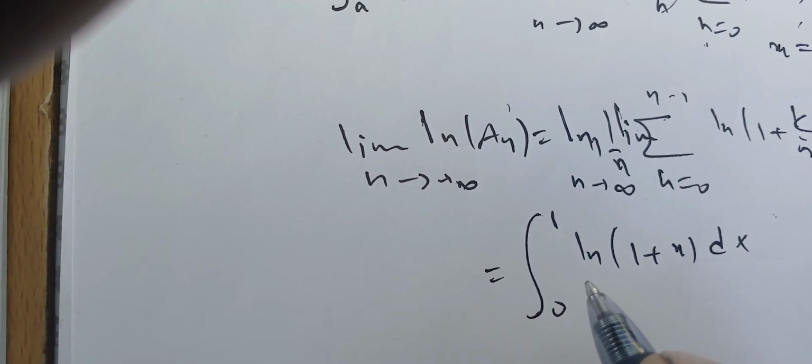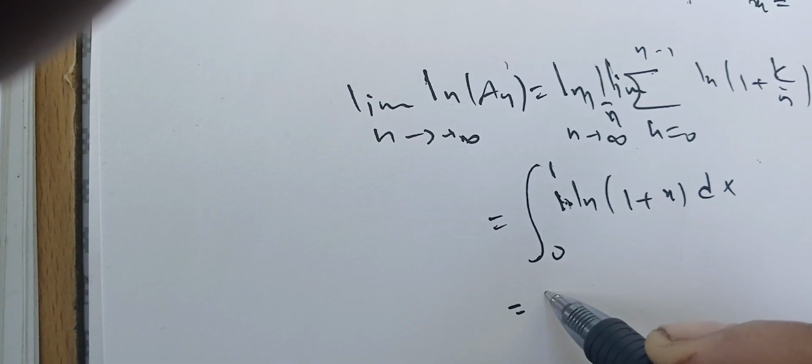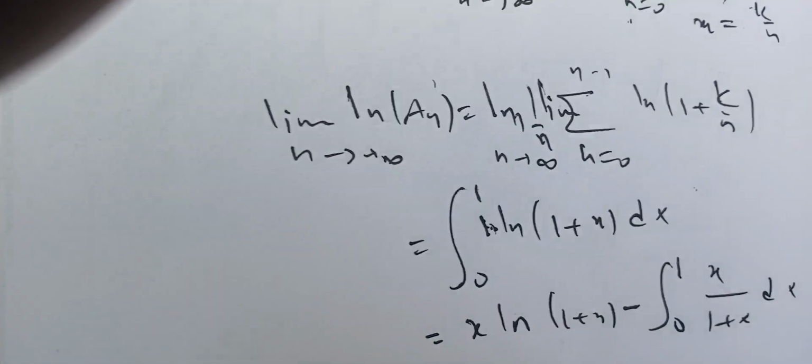We can use integration by parts, putting a 1 here, so this gives us x ln(1 + x) minus the integral from 0 to 1 of x over (1 + x) dx, evaluated between 0 and 1.